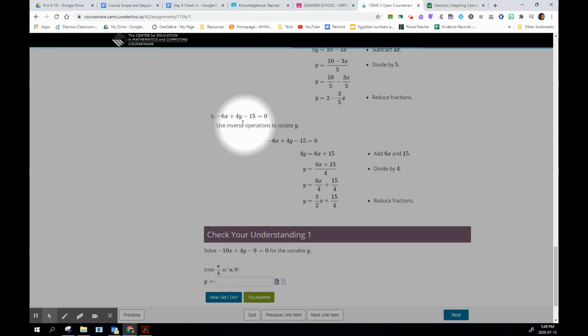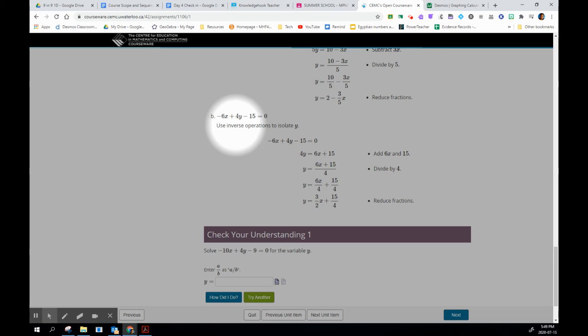This really is the perfect form for a standard form. And sometimes we call these ax plus by plus c equals 0 form. But for now, we're just going to call it standard form. And we want to also isolate the y because then we have y equals mx plus b form.